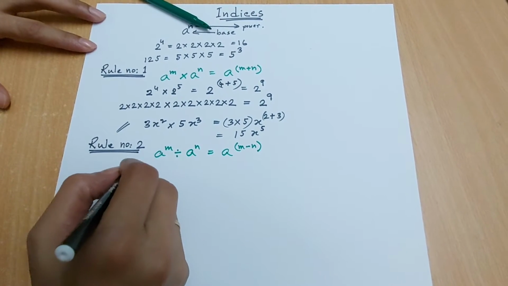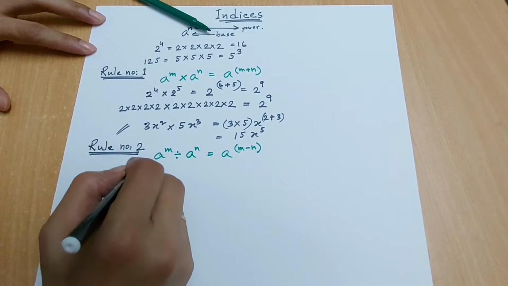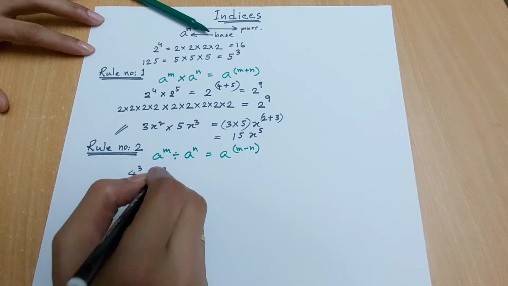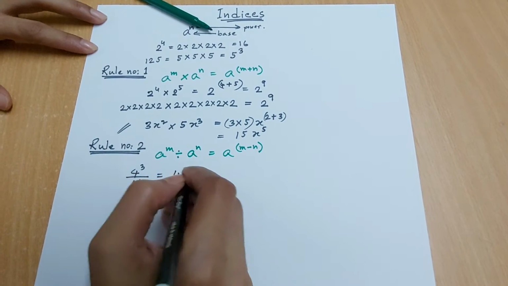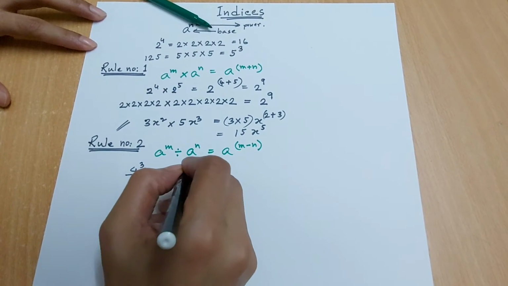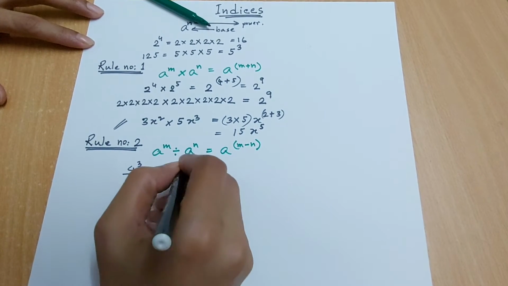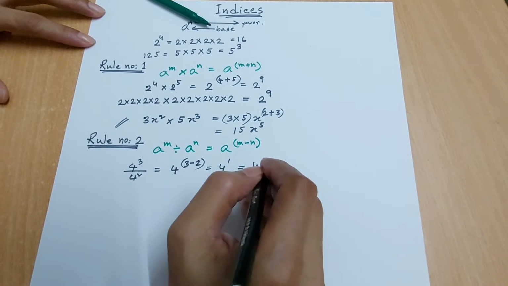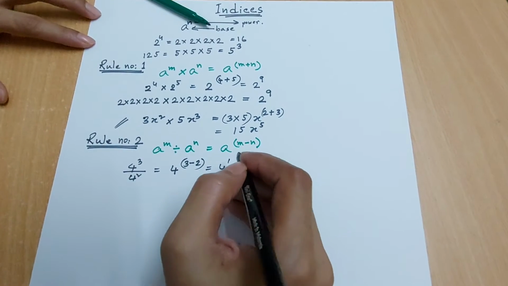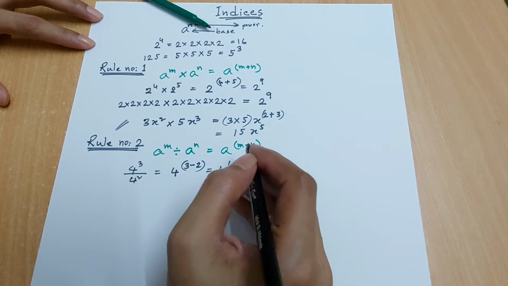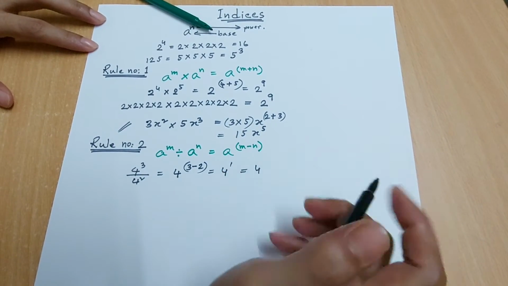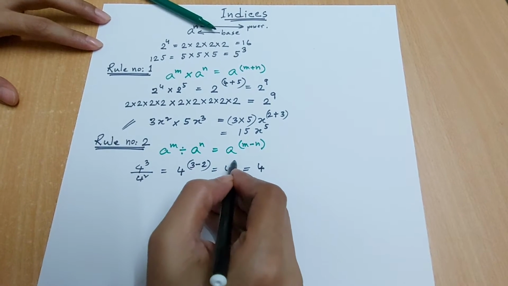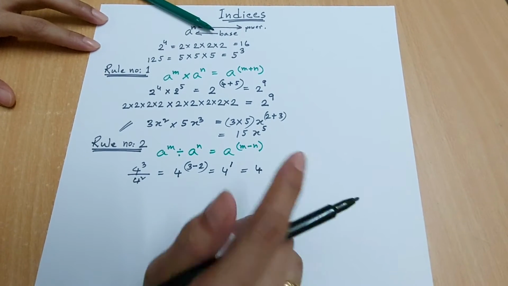For example, 4 cube over 4 square equals, as the same base, 4 power 3 minus 2 equals 4 power 1 equals 4. We know any number raised to the power 1 is equal to the number itself. That's why 4 power 1 equals 4.